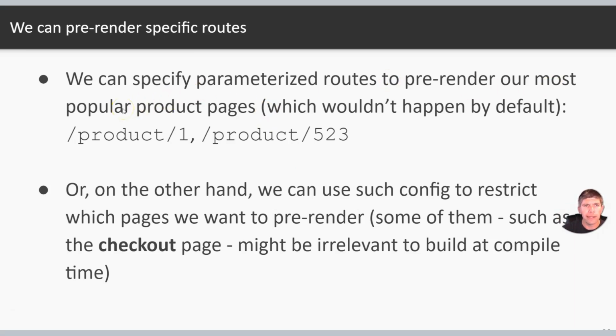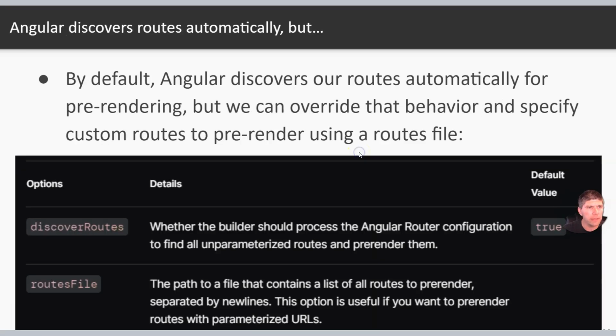And Angular cannot guess what these routes are because they have parameters, such as product/1, product/523. So any route that has an ID in them, Angular would not be able to guess what these IDs are and pre-render them.